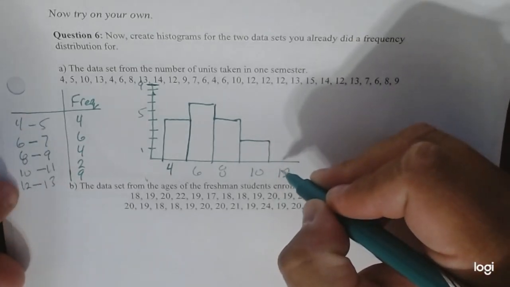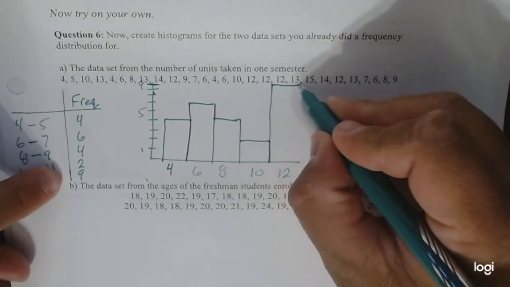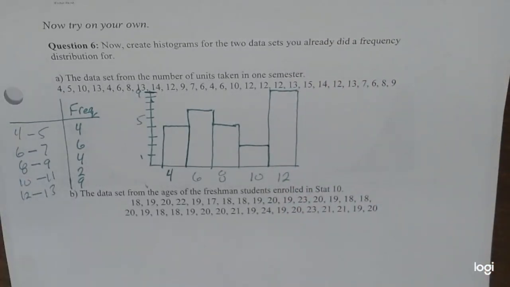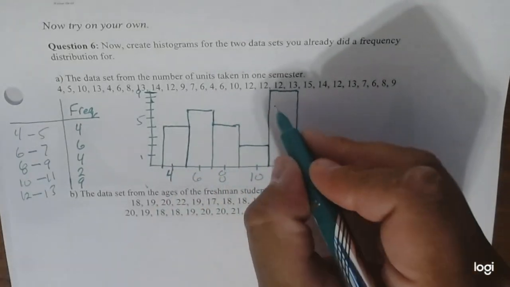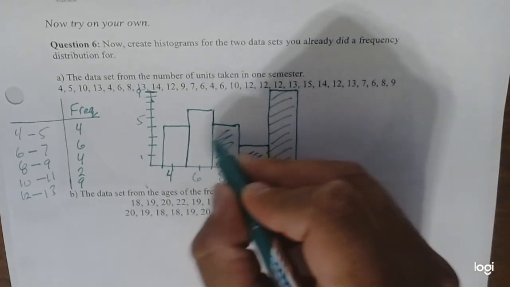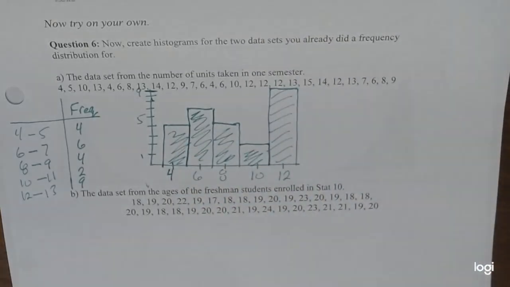And then 12 has 9, the highest one, so all the way up there. And there you go, there is your histogram. Pretty easy, not too bad. You can make little slivers to define which goes where, and you can make these pretty. A lot of people just shade them in, but whatever you want to be creative, it really doesn't matter.